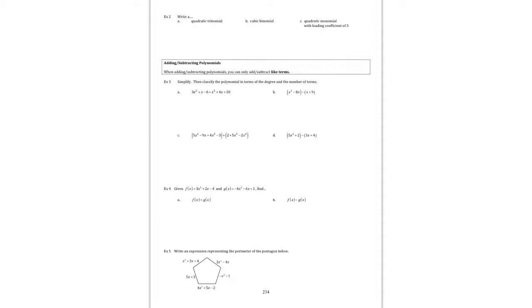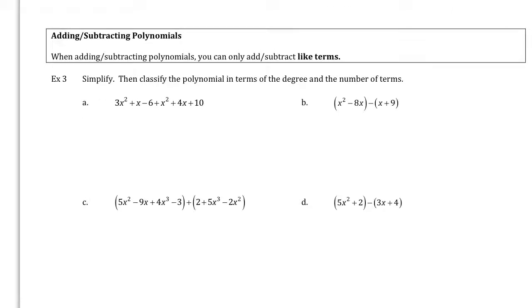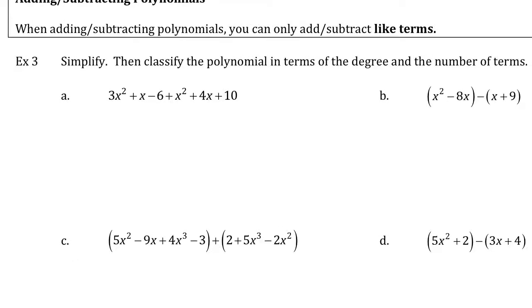I want to do a couple here in example 3, adding and subtracting polynomials. When adding and subtracting polynomials, we combine the like terms. So these problems really aren't new to you, but there's just a little bit we have to focus on. So in the first one, it's 3x squared plus x minus 6 plus x squared plus 4x plus 10. I'm going to find all my like terms, right? And I like to underline.